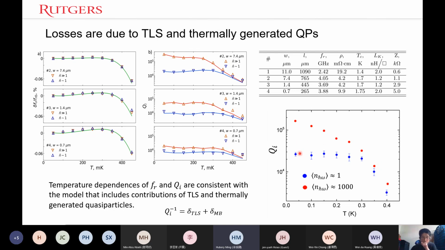Comparing this curve and that curve, higher photon number usually gives us larger quality factor because most of the two-level system loss is not there. But at high temperature, it doesn't matter because the loss is basically coming from the thermally activated quasi-particles in the superconducting circuit. But at low temperature, there is no such thing, and we will see improvement of quality factor due to the increase of photon numbers.